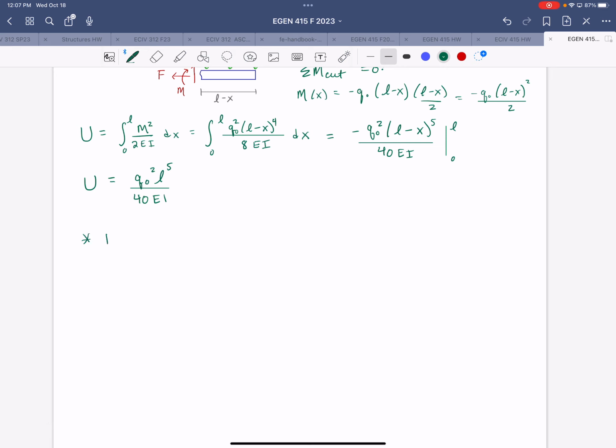I'm just going to note here, if the beam has a wider cross-section or a significant depth with respect to length.